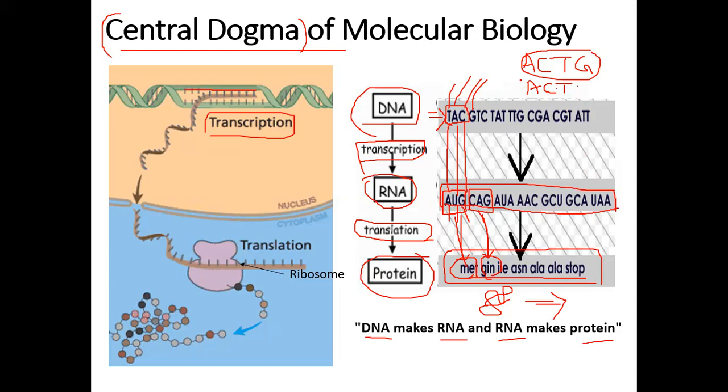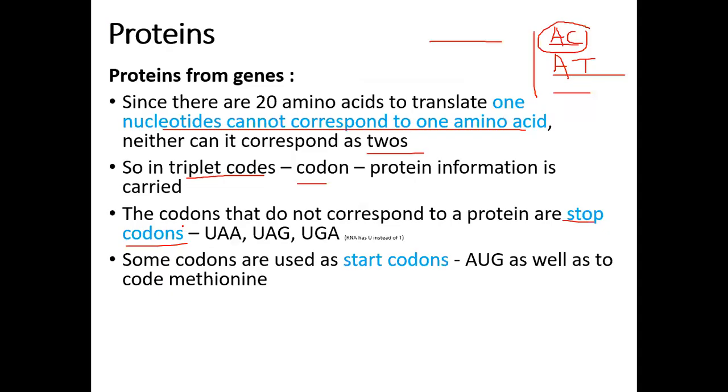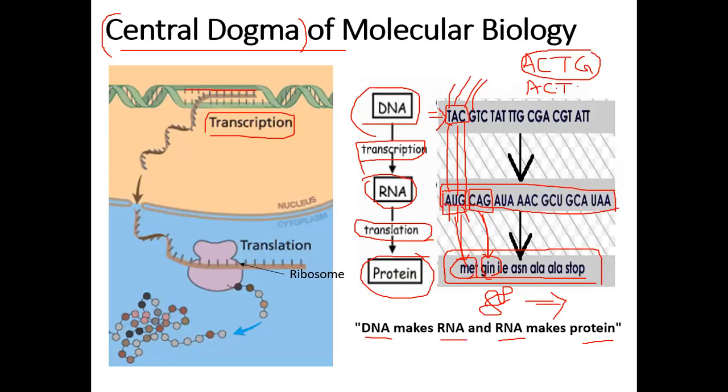So 20 of these correspond to amino acids, and for the other codons we use different functions, like stop codons. These are places where genes start and stop. You know, genes are arranged one after the other, and we don't know where a gene starts and where a gene stops.